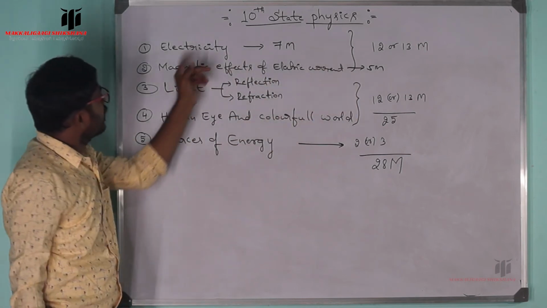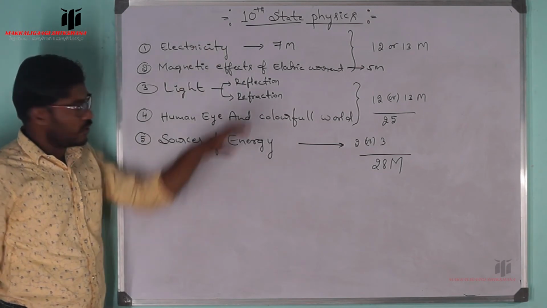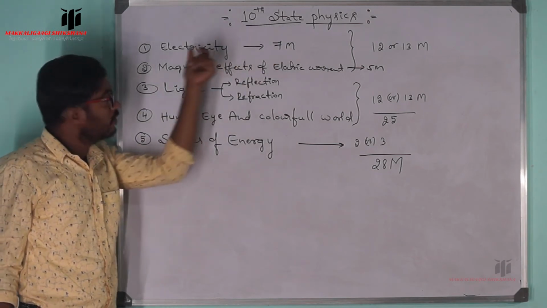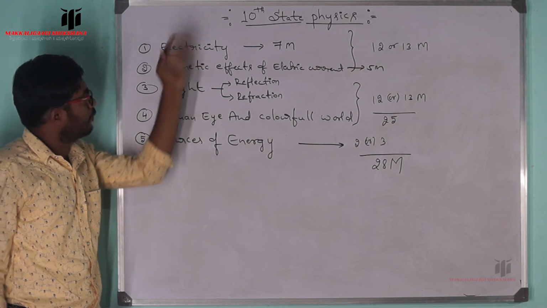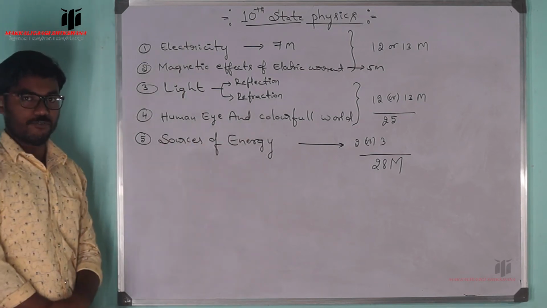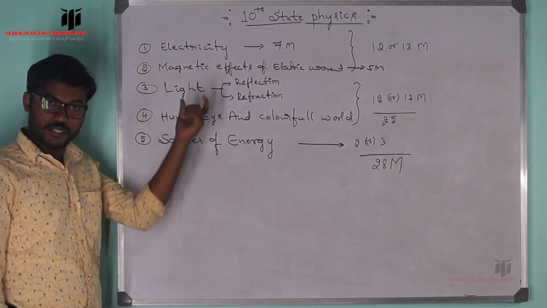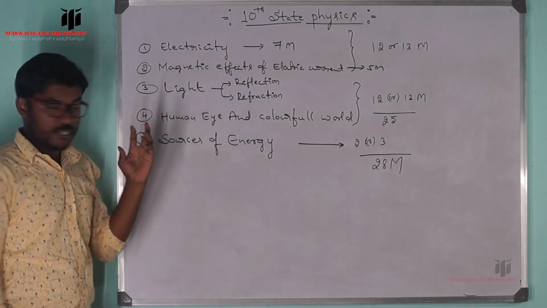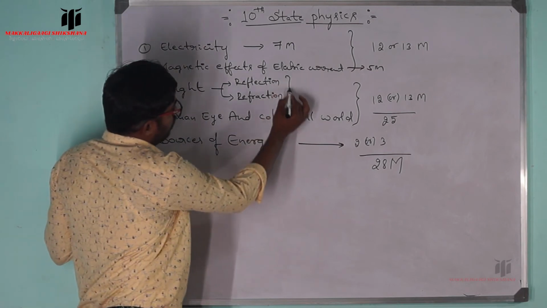Because the content of electricity is more, we can give more preference to this electricity chapter. In the same way, among light, human eye and colorful world, the light chapter contains more content, so we can give more preference to this chapter.